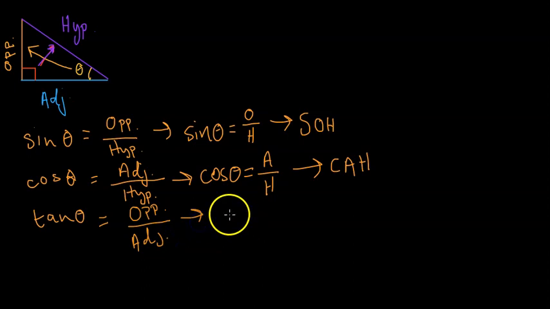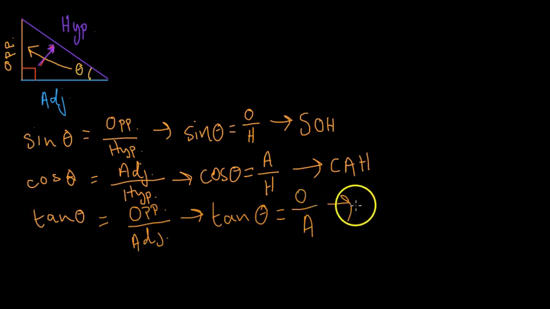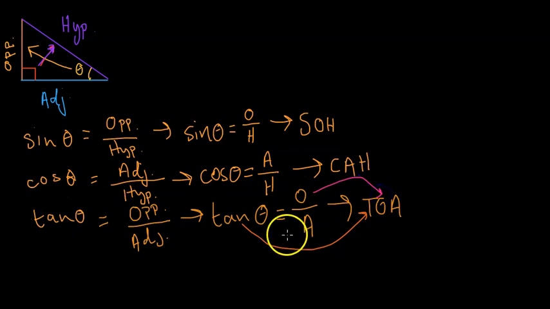And we can simplify that into tan theta is equal to O over A. And again, to make it easy, you can just remember the word TOA. So SOH CAH TOA. And TOA means that tan theta is equal to the opposite divided by the adjacent.